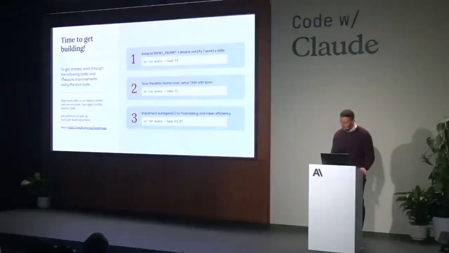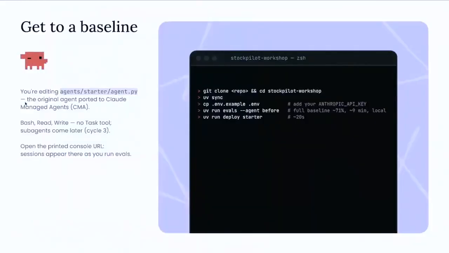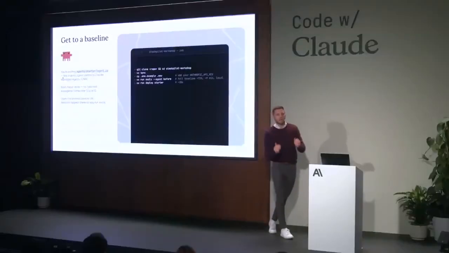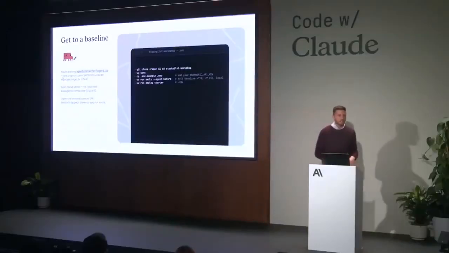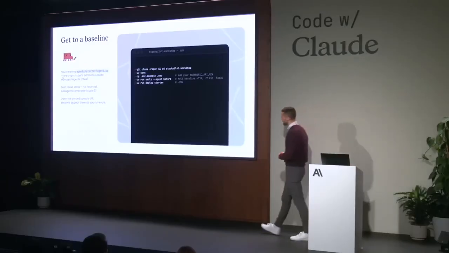I'm going to jump back just for a moment. There's one thing that I forgot to mention as you get started. Within the repo folder, there are two different folders: a before folder and a starter folder. Those contain two separate agents. If you want to view the messages API version of the agent, where I'm building my own agent loop and my own agent harness around the Anthropic messages API to invoke Claude, you'll see that within the before folder.